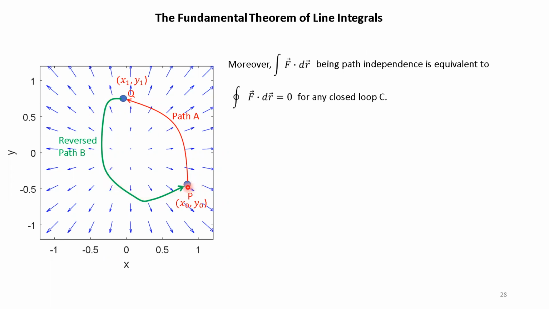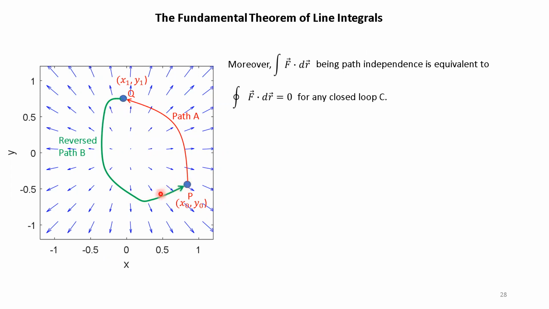The first part is that I do the path integral from P to Q along this red path A. The second part is that I am taking the line integral from Q all the way back to P. And remember, the line integral from P to Q along this red path is the same as the line integral along this other path, because this is the condition I gave you already: path independent.